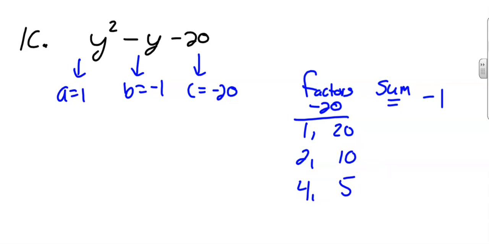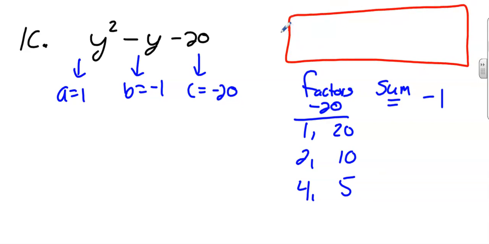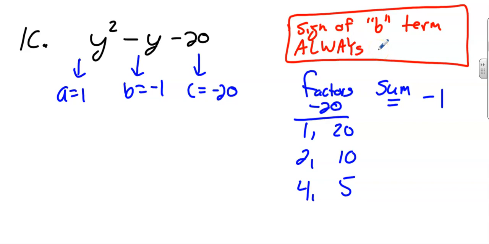Okay, and then the whole catch that this spins on for all the factoring that we're going to do with any trinomial, no matter what you do, the sign of the b term always, and we've got that in the box here on that paper, always goes with the bigger factor. I didn't leave myself enough room here.